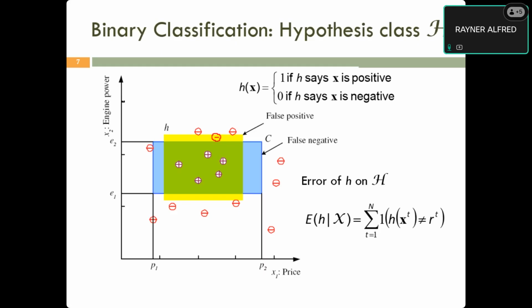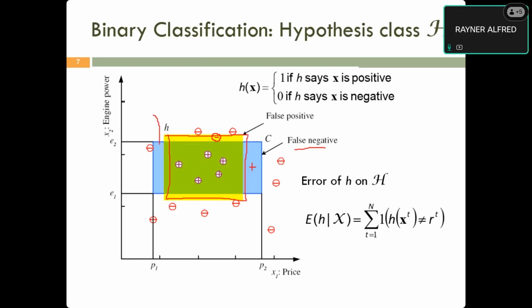So similar to here, if this is positive here, so by right they're supposed to be okay. Tapi according to the model, yang kawasan kuning itu saja yang positif. So kalau positif yang di sini, ini dipanggil false negative because the hypothesis says that only within this yellow line.